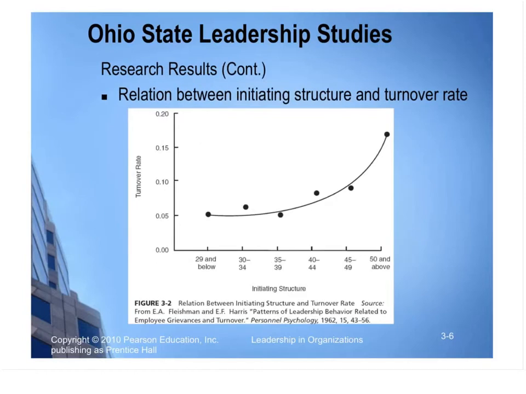So as you can see here, the initiating structure is also on a linear relationship, where you can see that the higher the initiating structure from the leader, the higher the turnover.